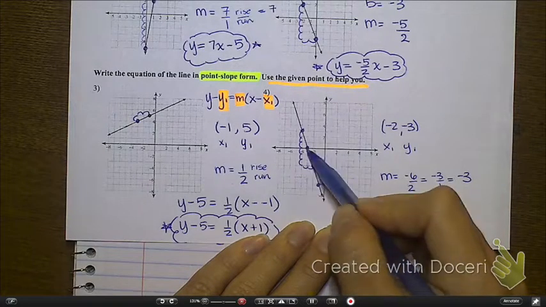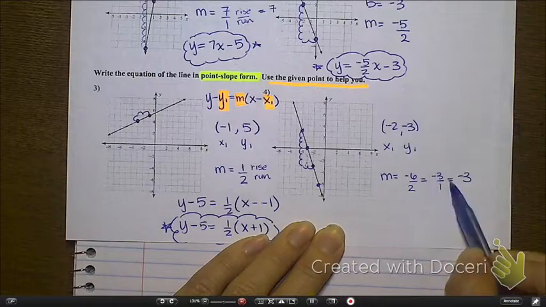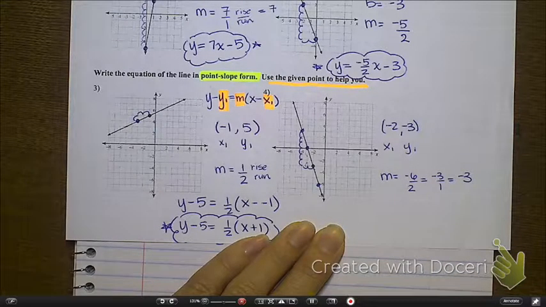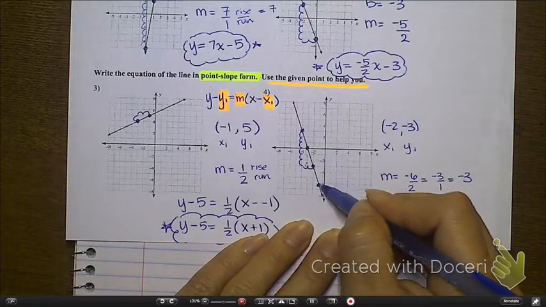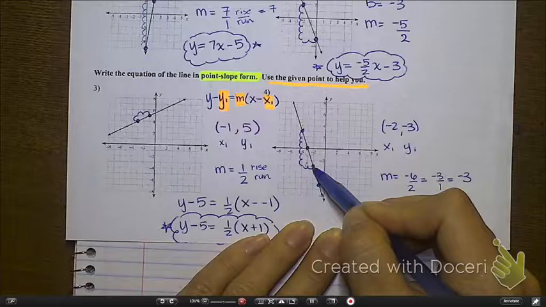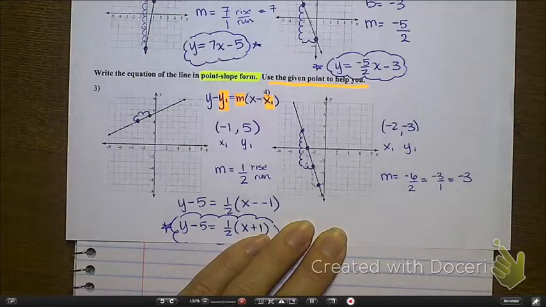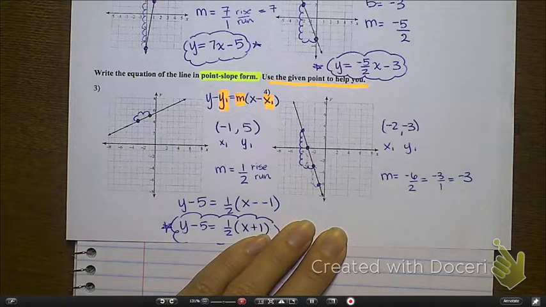My rise would have been going down 3, over 1. Wouldn't that give me the same thing? Yeah. So it doesn't really matter which point I pick as long as it's a good one where the grid lines are crossing. If I had used these 2, I would have gone down 1, 2, 3 to the right 1. So it's the same no matter which point I pick.